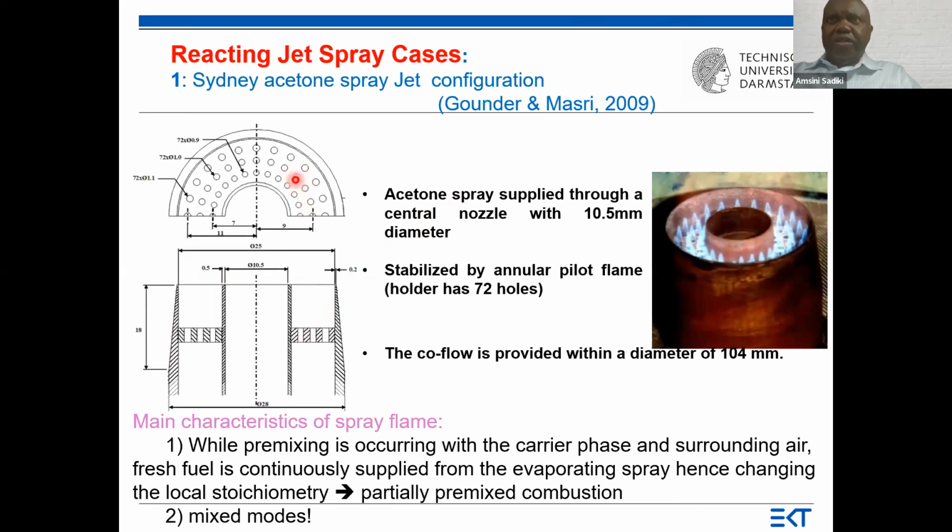These pilot flames here, I think, yes, we have 72 holes. We have also the co-flow, and it is provided, so this flame arc can be seen here. We have also the co-flow with a diameter of 104 millimeters.